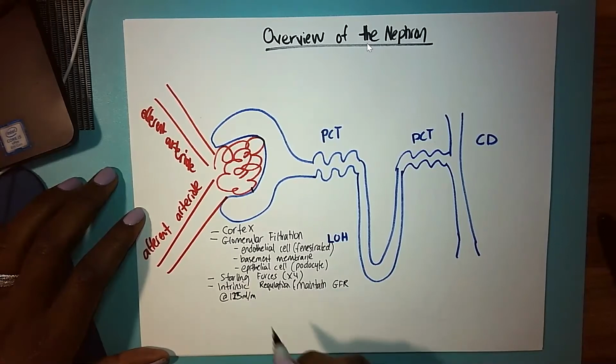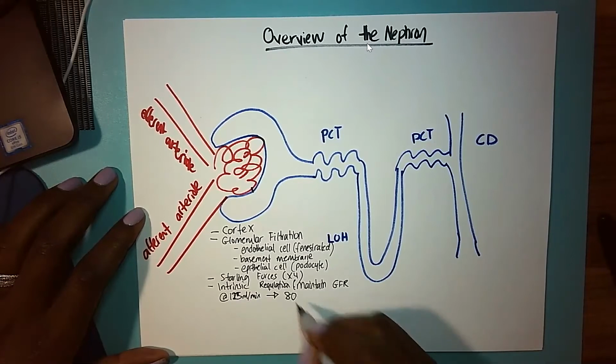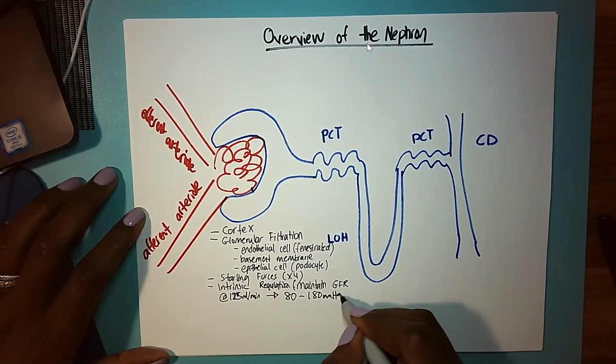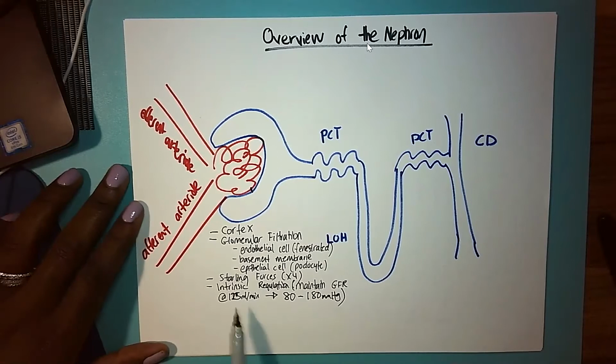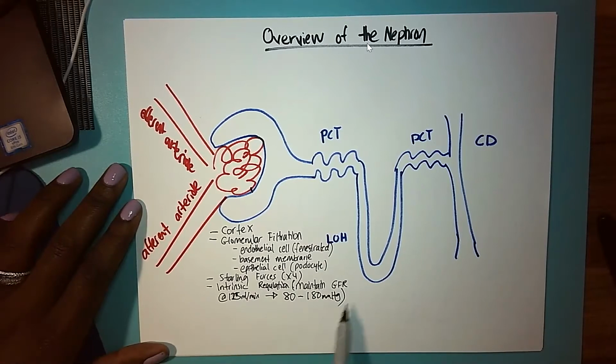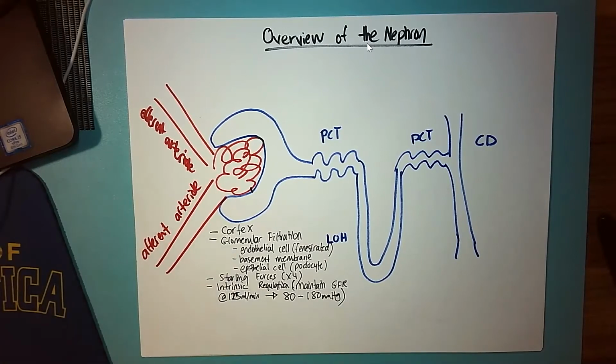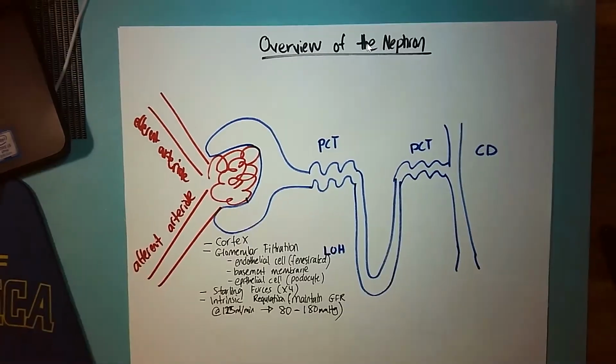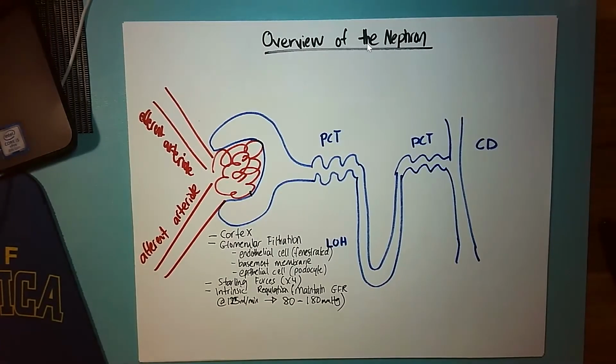This is a rate, in the face of a mean arterial pressure between 80 and 180 millimeters of mercury. Okay, so this is basically what the intrinsic regulation is doing. It's keeping GFR at that constant rate in the face of a changing mean arterial pressure that is between 80 and 180.